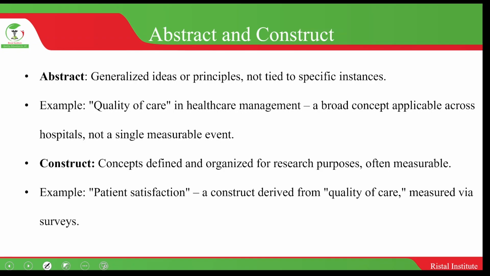So in every research, you have these things. You have the constructs within the research, and you have the abstracts within the research. And then you need to know what tools you are going to use to measure those abstracts and constructs.